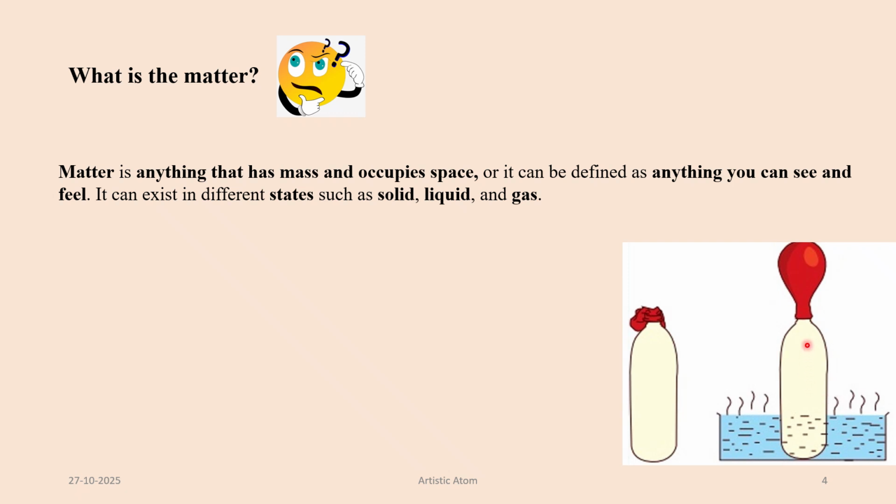Because of which those gaseous molecules are creating a pressure and moving inside the balloon, making it inflate. So from this, I have observed that inside this balloon, there are some gaseous molecules which have occupied space. Along with that, they have mass and also I can feel it. So this means gas is also matter.